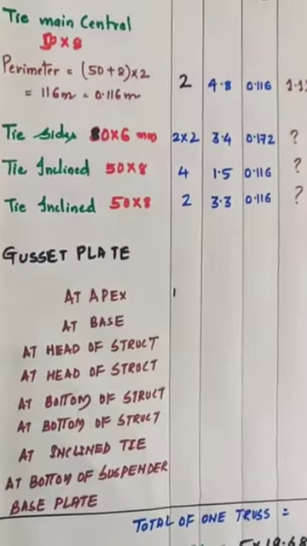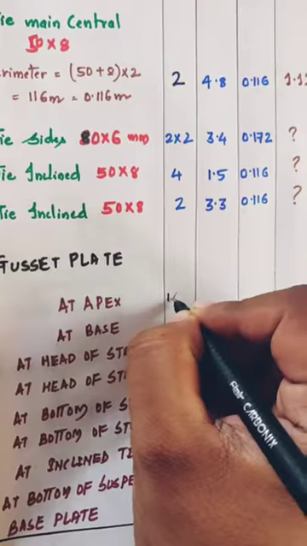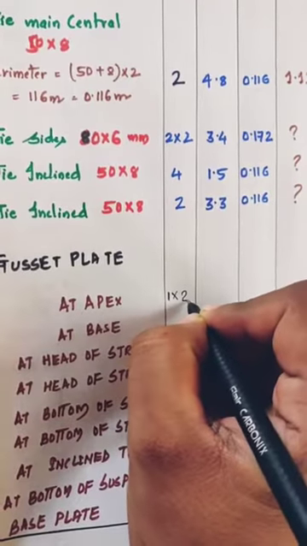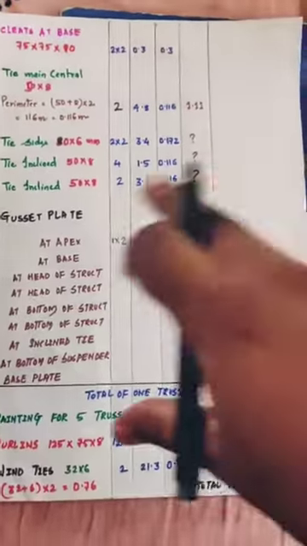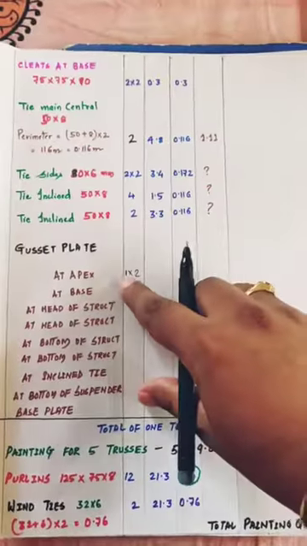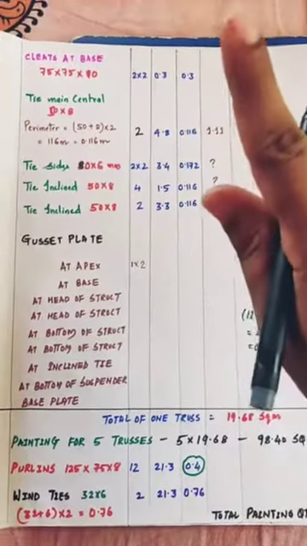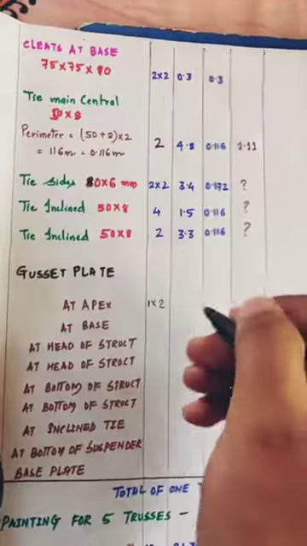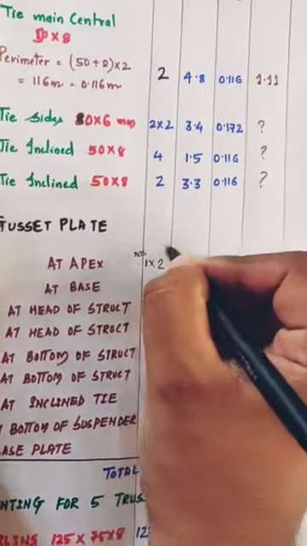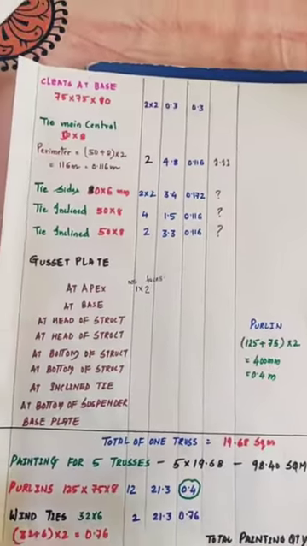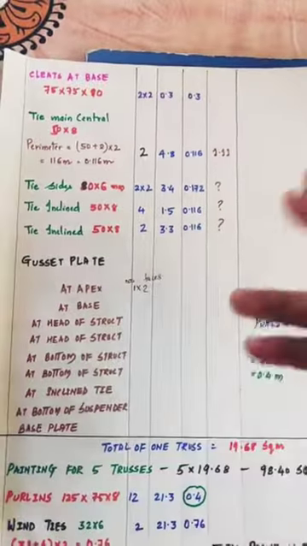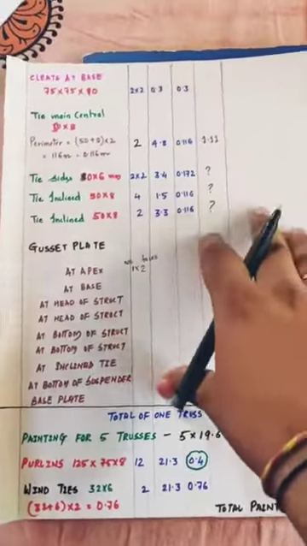Apex is at the center, but you are going to do the painting on two sides. So here you be careful. That is the reason why I have left out this part for you people. I have given the hint: at apex there is one gusset plate, but painting is on two faces. So one number and two faces, right? The rest will remain the same, the size of the gusset plate.